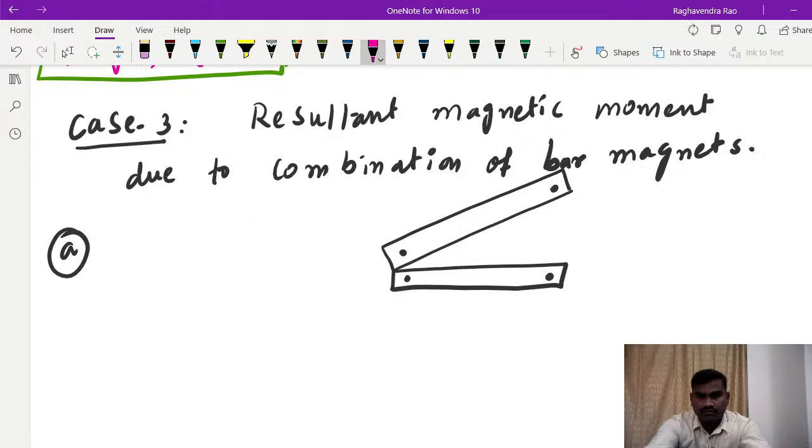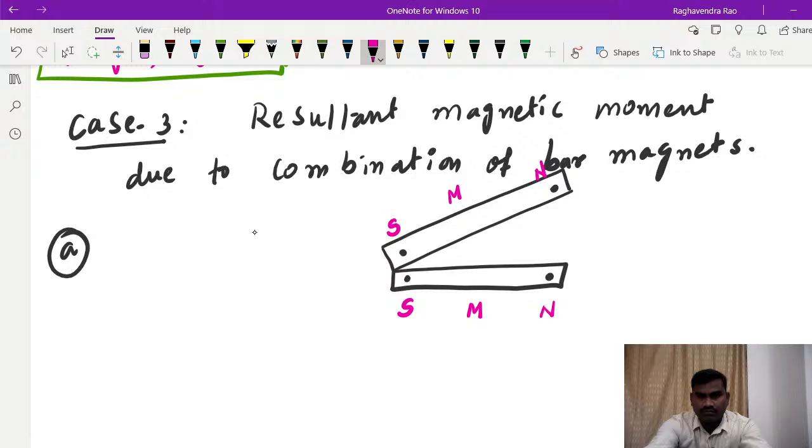This is the south pole and this is the north pole; this is the south pole and this is the north pole. These are identical bar magnets, so the magnetic moment of this one is M and this one is also M.